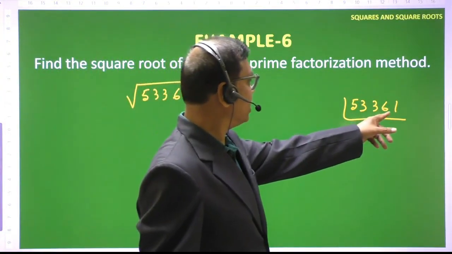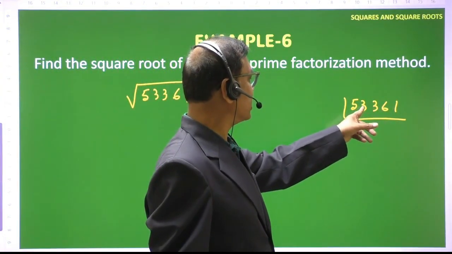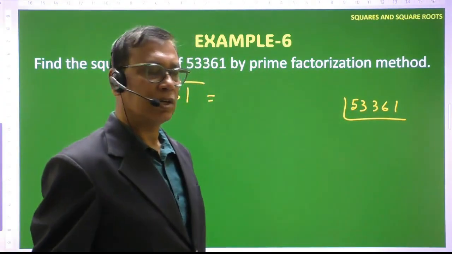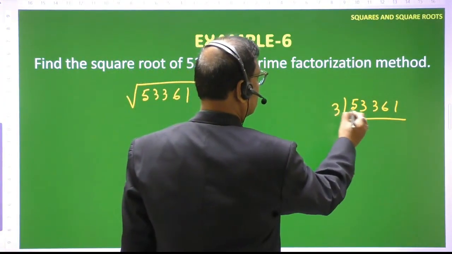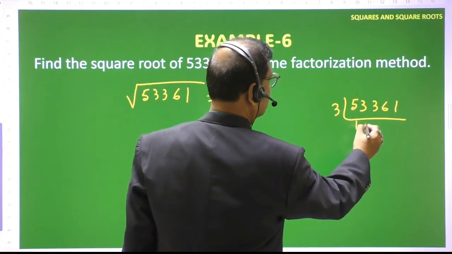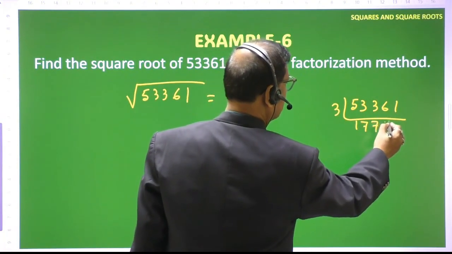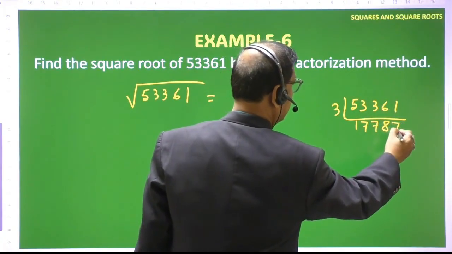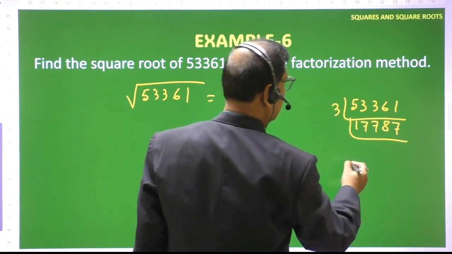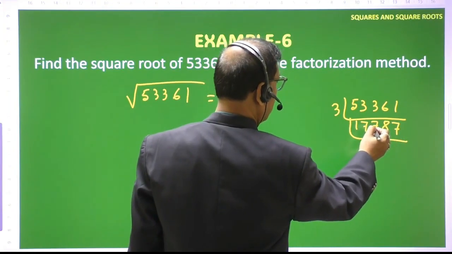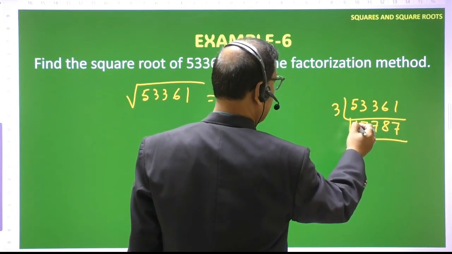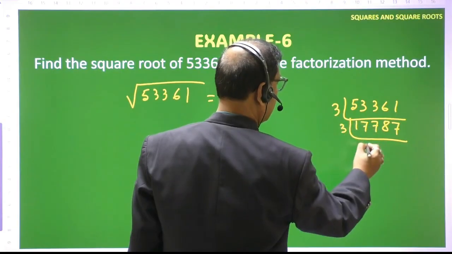Is it possible by 3? Check it. 7, 10, 13, 5, 18. So divisible by 3. 3, 1, 3, 7, 21, 3, 7, 21, 3, 8, 24, 3, 7. Again check. 15, 22, 29, 30. That means divisible by 3.